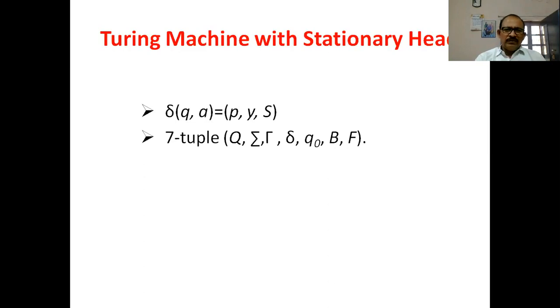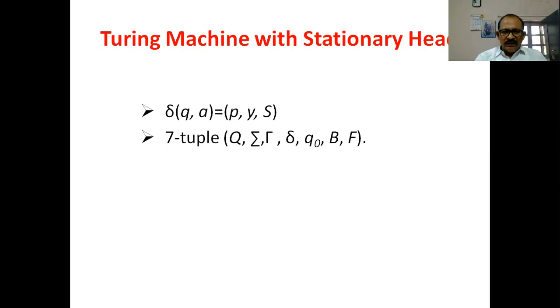We can define Turing machine with stationary head with the help of again 7 tuples: Q, sigma, gamma, delta, q0, B, and F. The meanings of Q, sigma, gamma, q0, B, and F are the same as in the standard Turing machine.